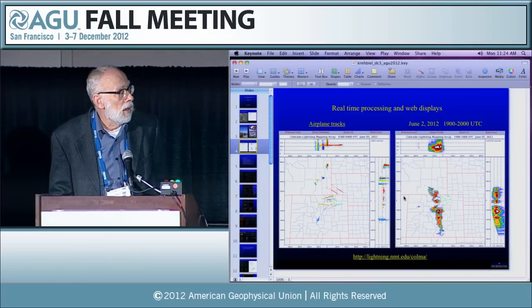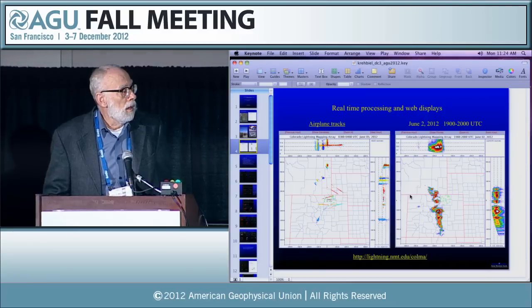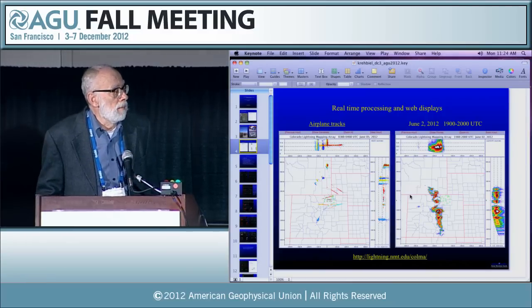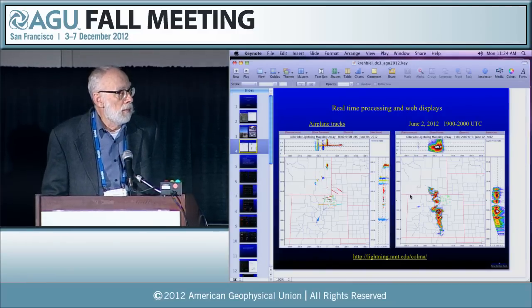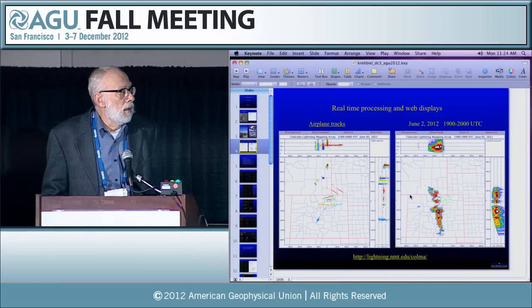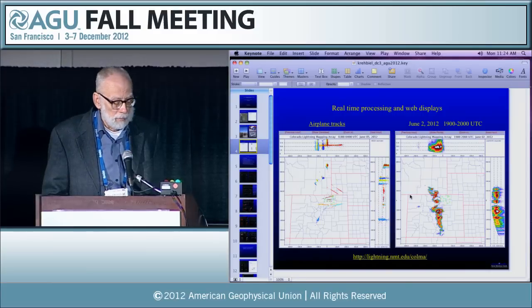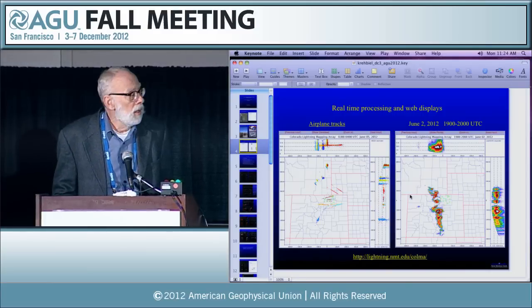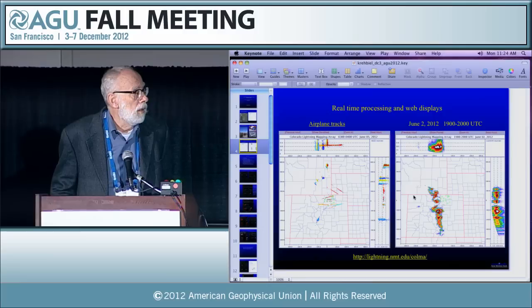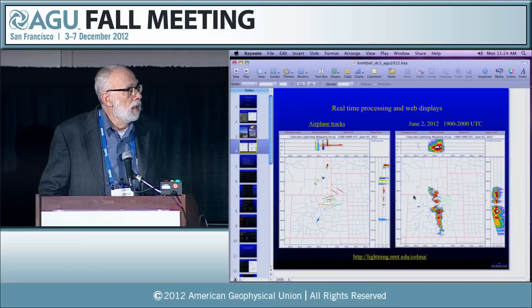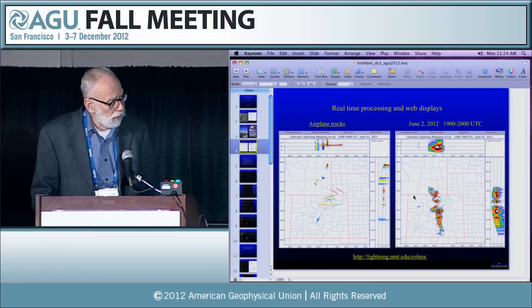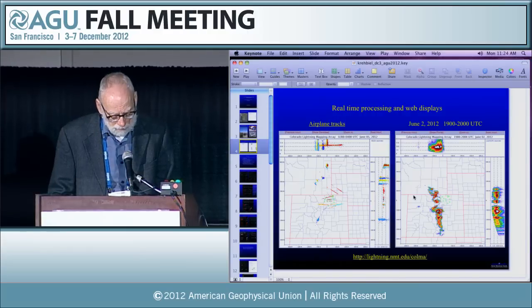On the right-hand side is an example of some real-time data. Both of these are real-time data from a north-south line of convection that was moving in from the west on June 2nd, which was sort of early stages of DC3. So these are our real-time displays.